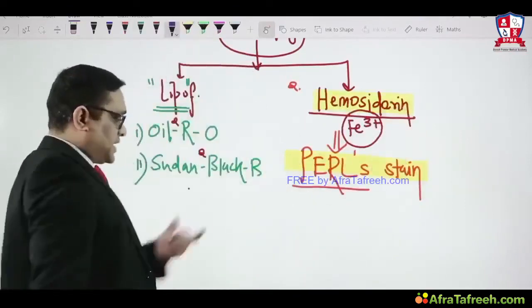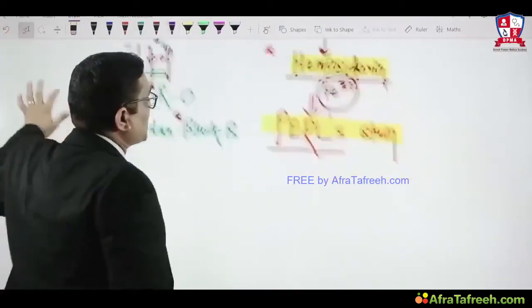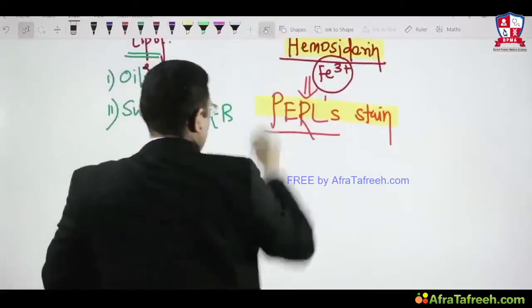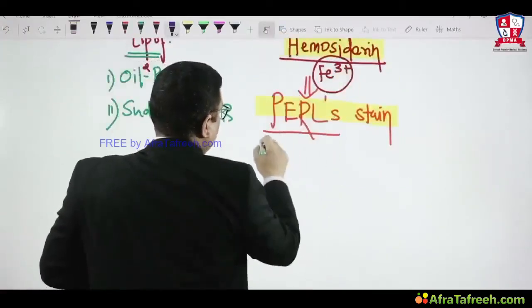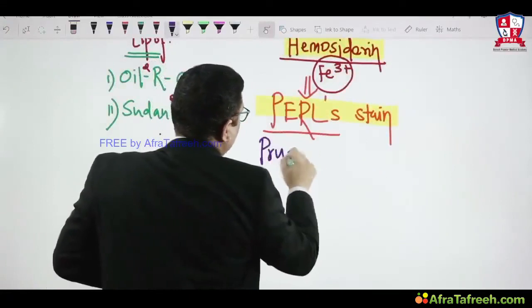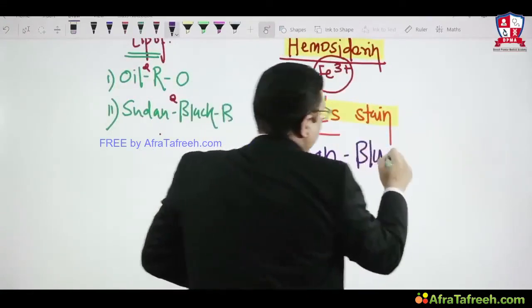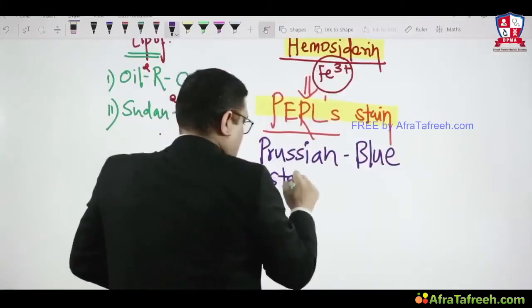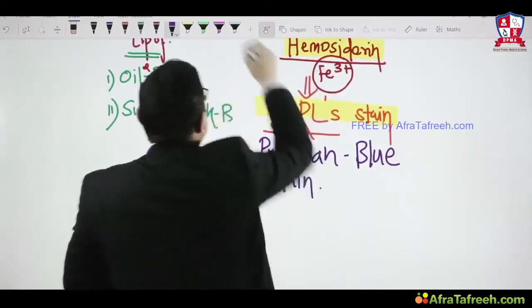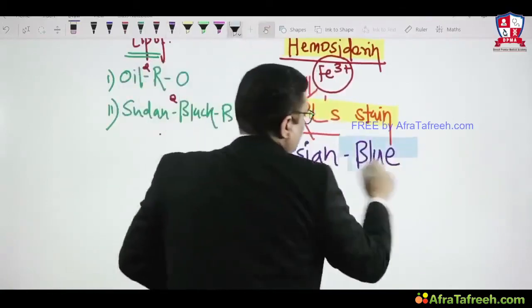Pearl was the scientist, as I said, who discovered a stain for iron, which is known as Prussian blue. So it is also called Pearl's Prussian blue stain. With Pearl's Prussian blue stain, the color of iron will be blue.